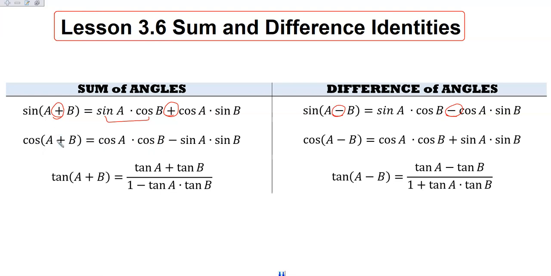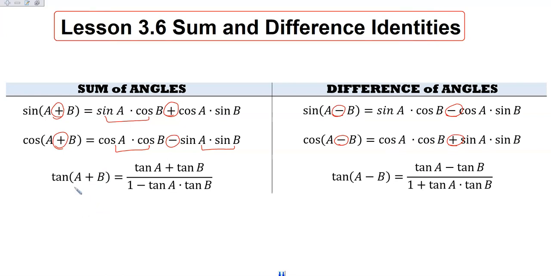For our sum of cosines, our cosines are together, and then the sines are together. This time, when I'm doing a sum for cosines, I'm actually subtracting in my identity. And the opposite is true for difference. If I'm subtracting my angle measures, then I'm going to be adding in my identity.